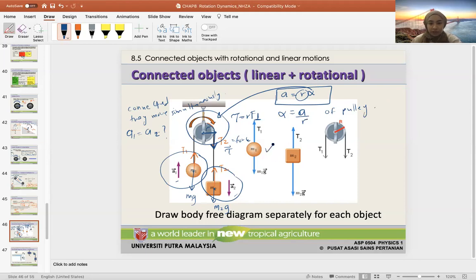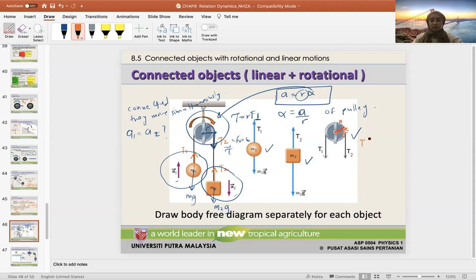This is the free body diagram. It's linear. This is the free body diagram for the rotational part. So here you can draw your radius like this and your tension like this. If you want it to be clearer for yourself, you can say R is this way, because that is R also. So R is perpendicular to the force, which gives you torque.